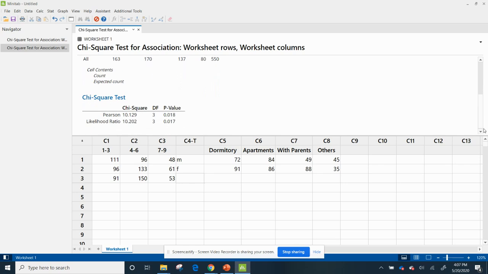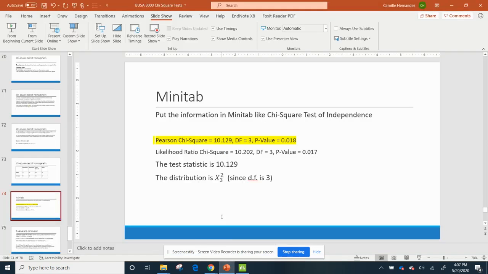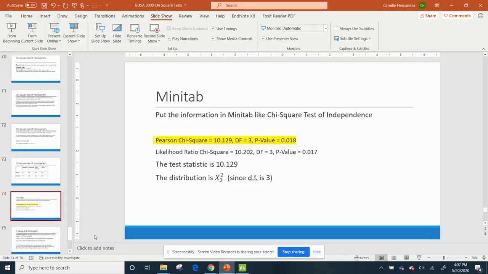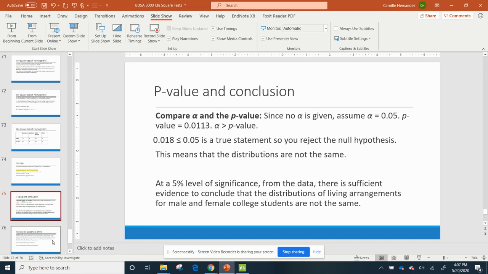I keep going down, and look: Pearson chi-squared is 10.129, degrees of freedom is 3, and my p-value is 0.018. So let's go back and look. I'm not going to use the likelihood ratio, I'm going to use Pearson. There's everything like I did for independence. I have my test statistic, and I have my distribution, chi-squared with 3 degrees of freedom. If I go back, remember, it gave me that right there. Didn't have to do a thing.